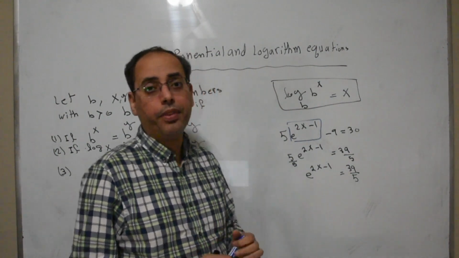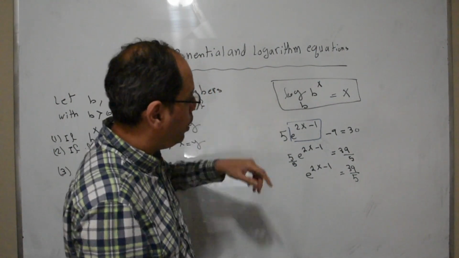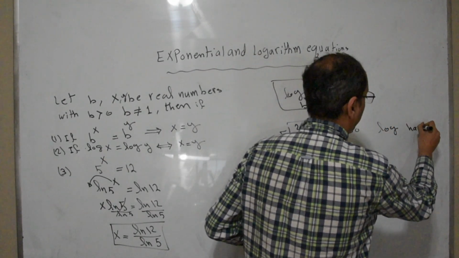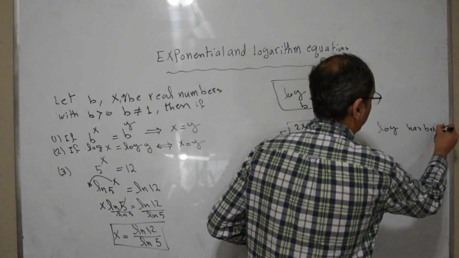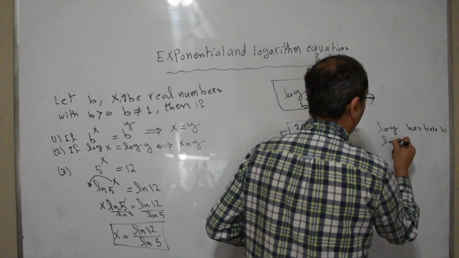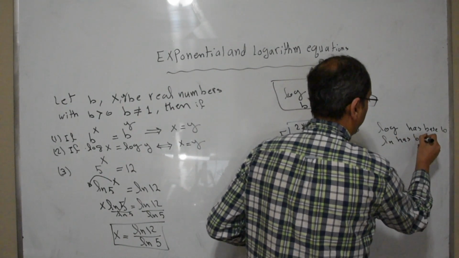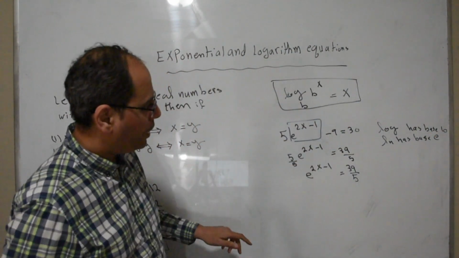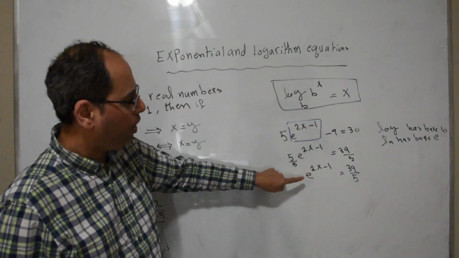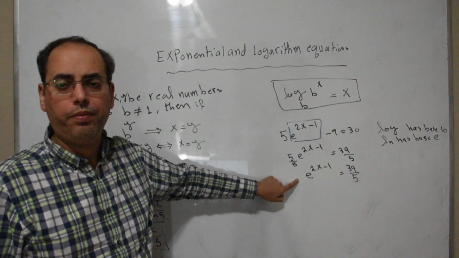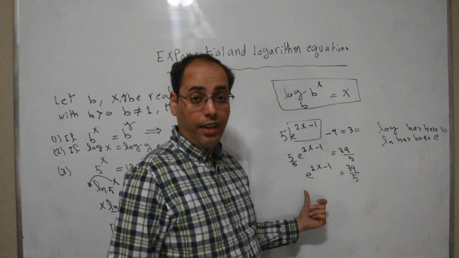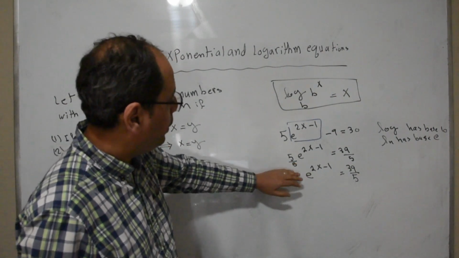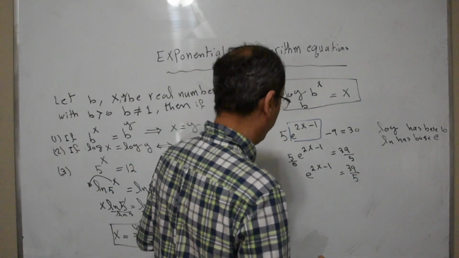And why? The log has base 10. The natural log has base e. So which one do you think I should use? Basically natural log, because I have an e. And that would be very impressive, and we'll see why it's impressive.